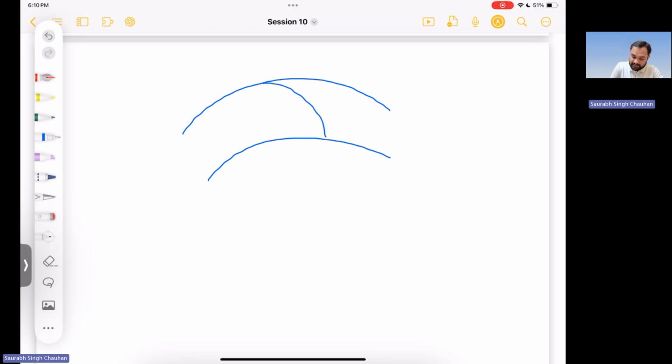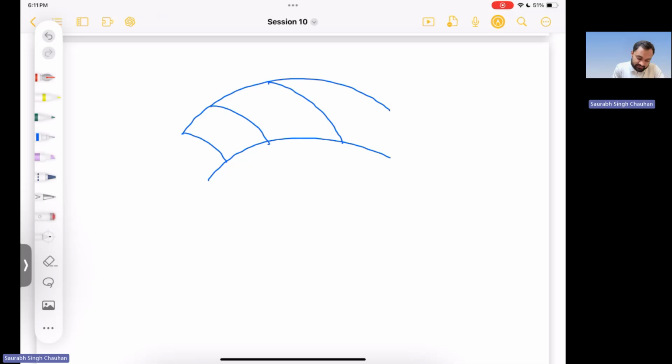Let us say this is a blade. I'm sorry for this bad diagram, but there will be some blades, and this will be rotating.